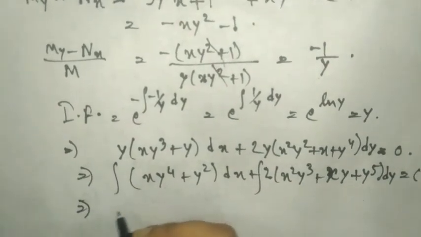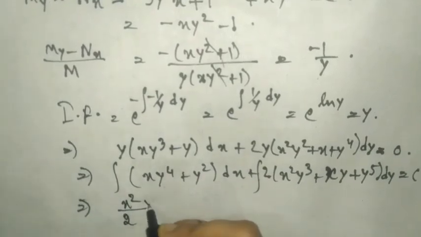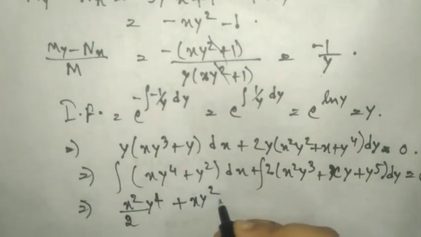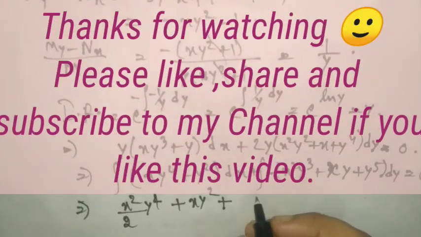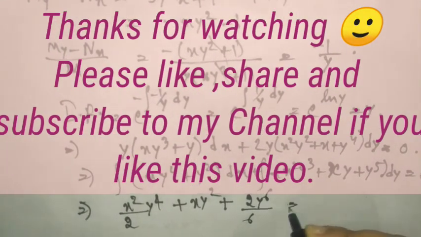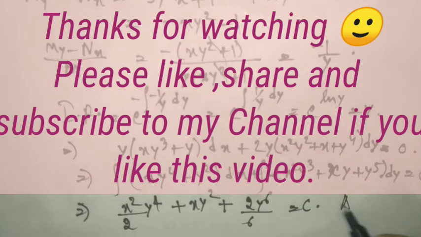Now this is equal to, here we will take y as constant, so this becomes x square by 2 y4 plus xy square plus, here we will integrate only those terms which do not include x, that is 2 into y6 by 6, is equal to c. Okay, so this is the final answer.